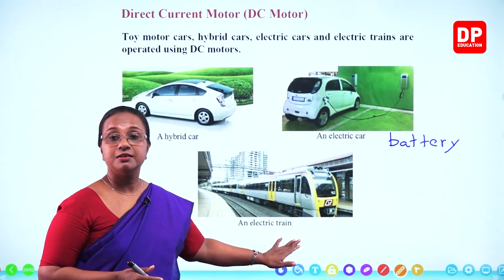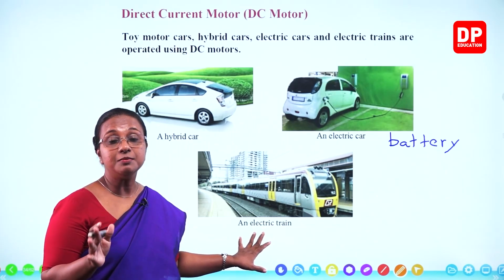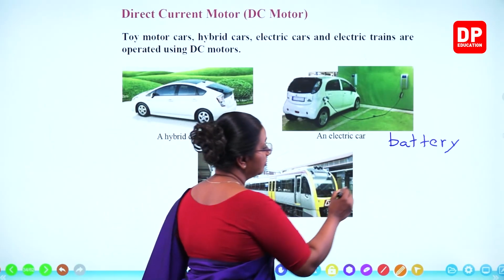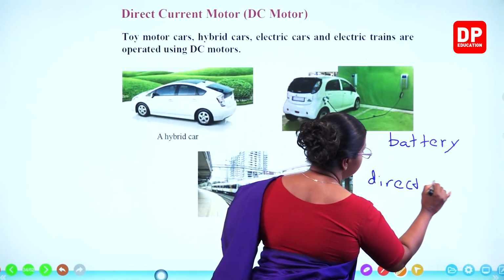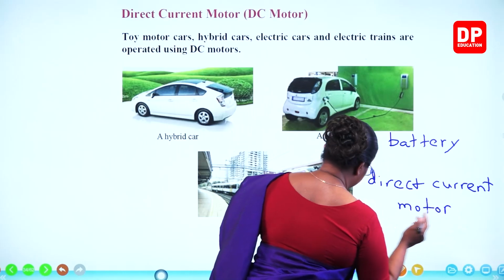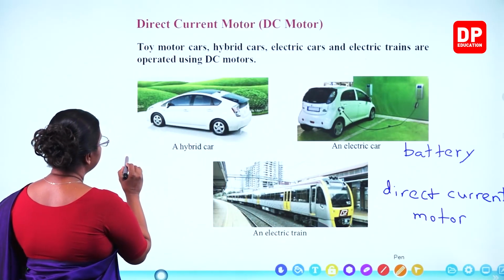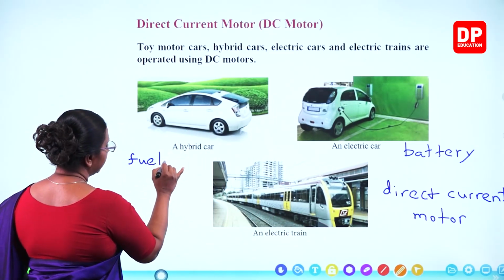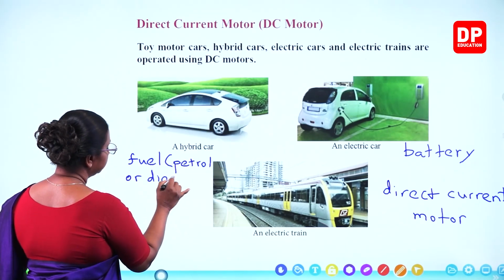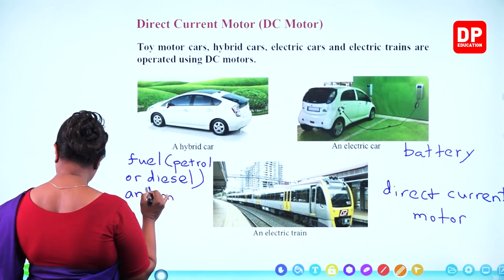Similar to that, an electric train. So, electric car and electric train, they function based on the same principle. They do have an electric motor, a direct current motor. In a hybrid vehicle you use either fuel, it can be petrol or diesel, and an electric motor.